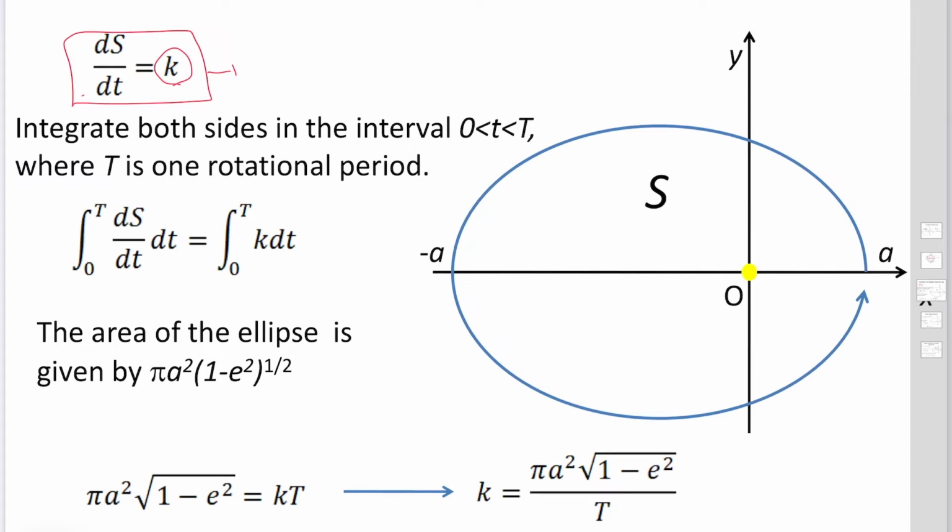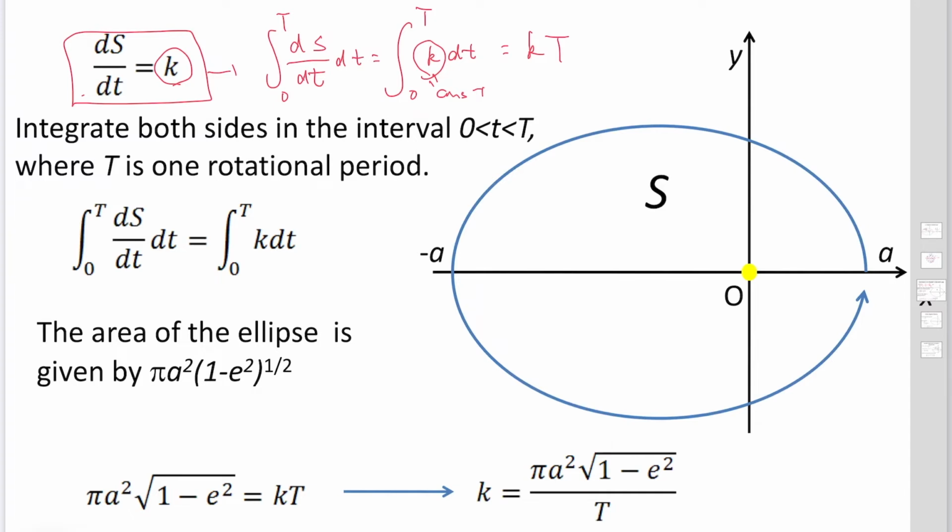So this means the integral of dS equals the integral of k dt from 0 to one rotation. On the right hand side, k is constant.